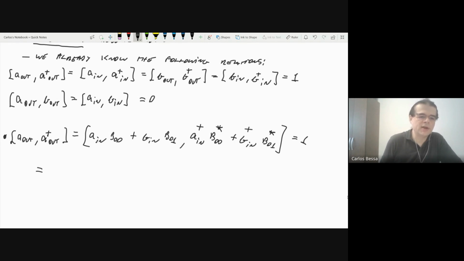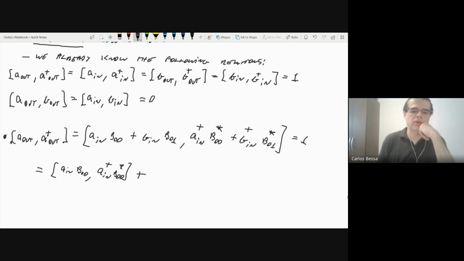We will find A in B00, A in dagger B00 conjugate, plus A in B00, B in dagger B01 conjugate, and the other terms, this with this and this with this.